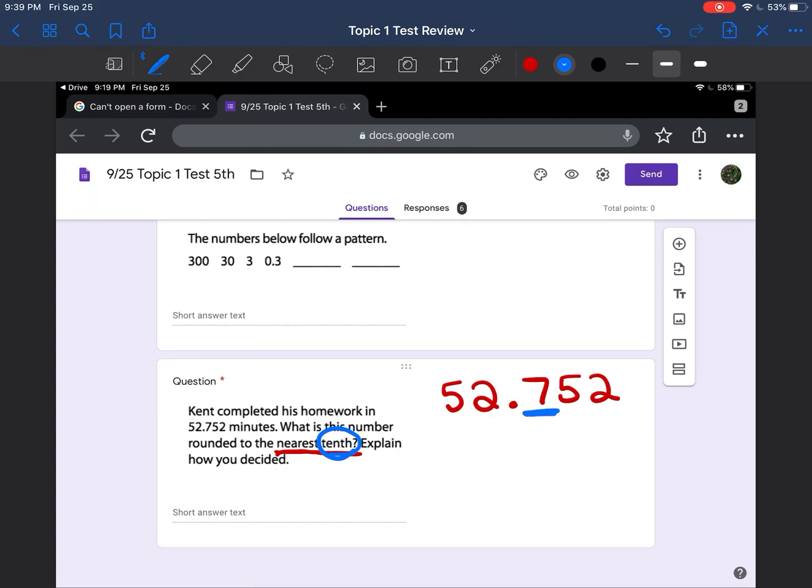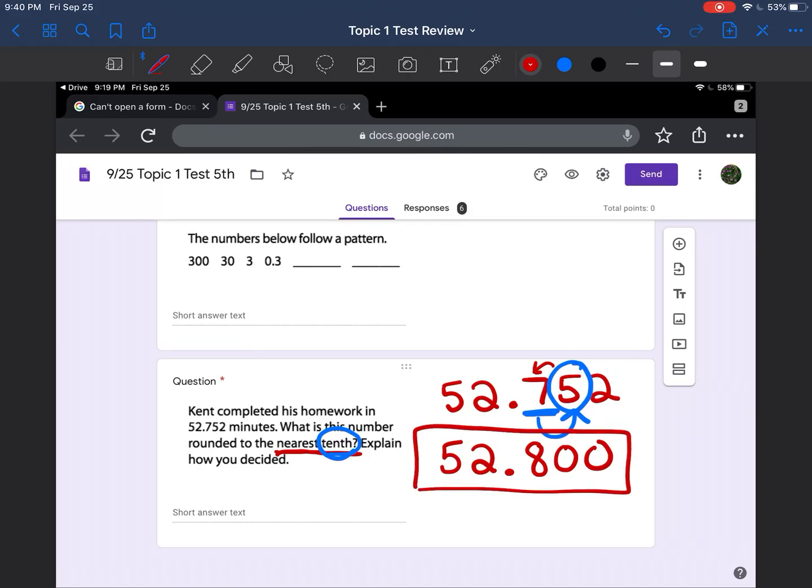So find your place, look next door, 5 or greater, just add one more. So we add one more to the 7, we bump it up to an 8. So all the digits in the front stay the same. The 7 we bump to an 8. All digits behind, zeros their name.